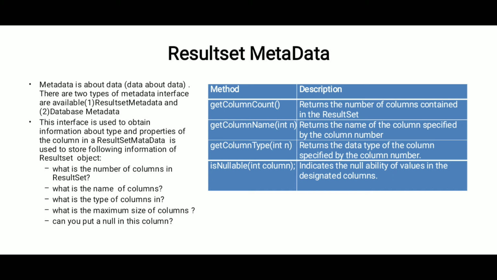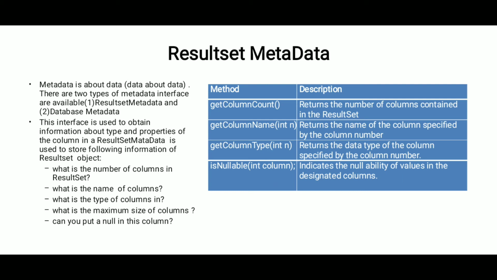The first one is the getColumnCount method. This method returns the number of columns available in the result set. The second one is getColumnName, and in this you have to pass one parameter that specifies which column name you want to fetch. You give the column number in the parameter and it returns the column name of the table.